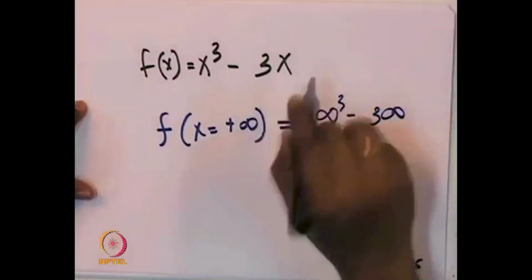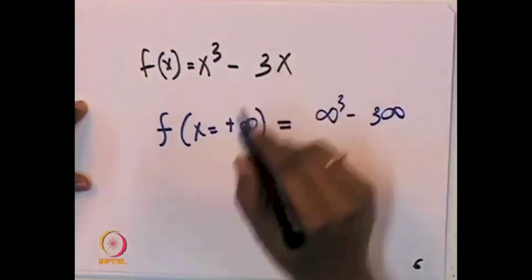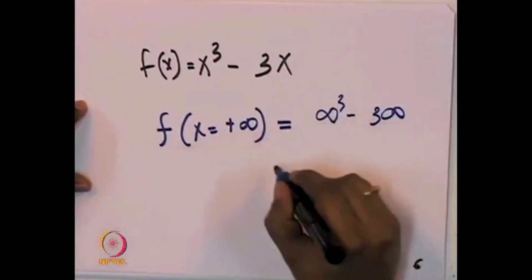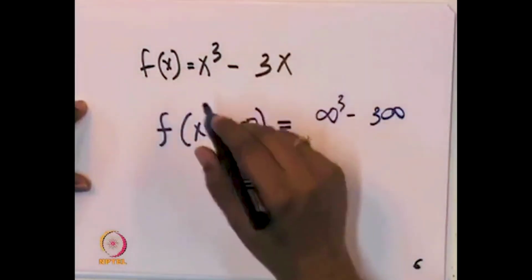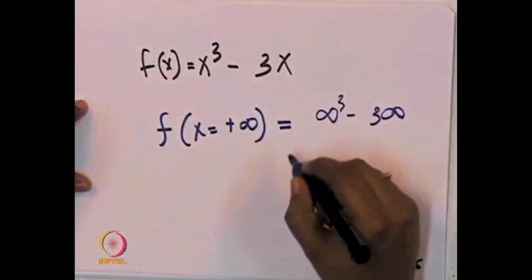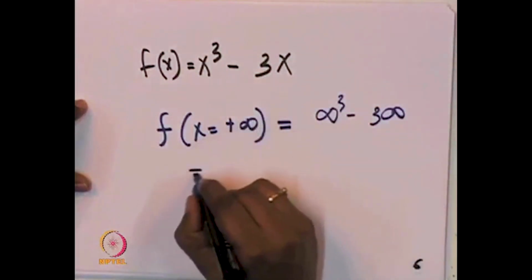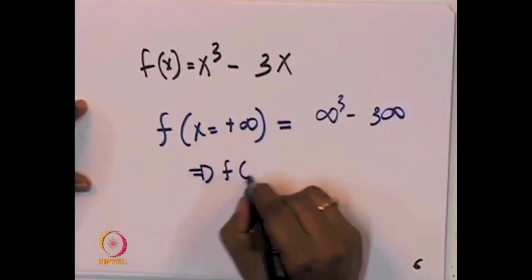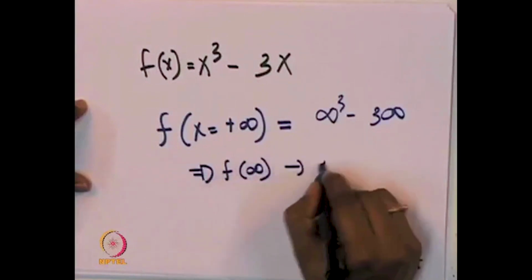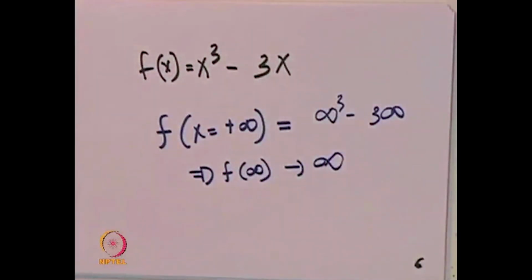You know that infinity cubed will be like infinity. So, in the limit x going to infinity, where x is very large, f of infinity will go to infinity. As x tends to infinity, this function is likely to go to infinity.